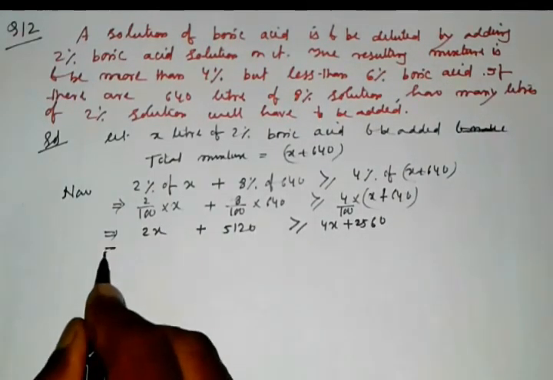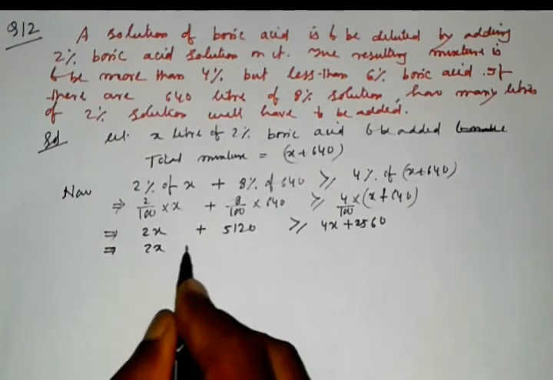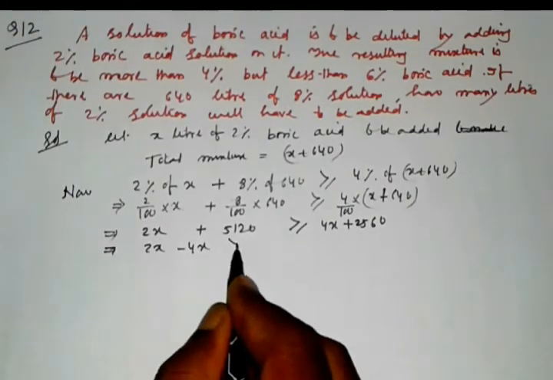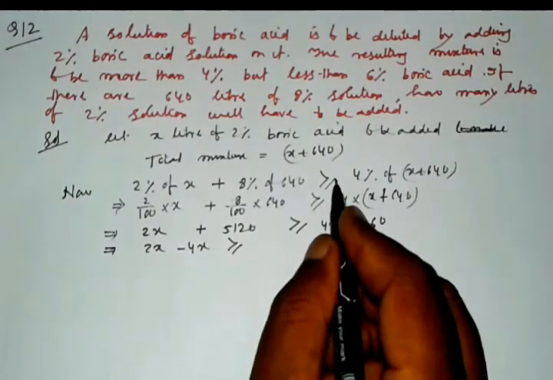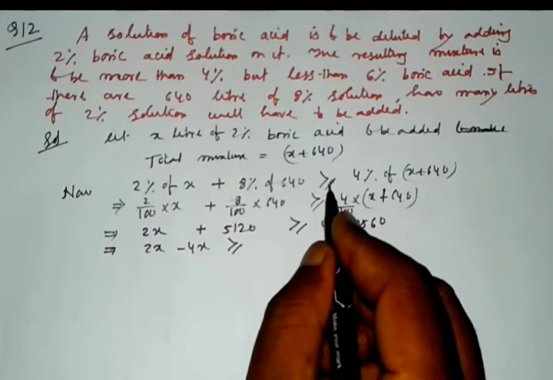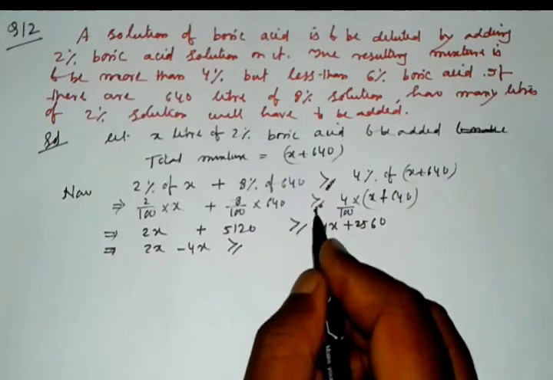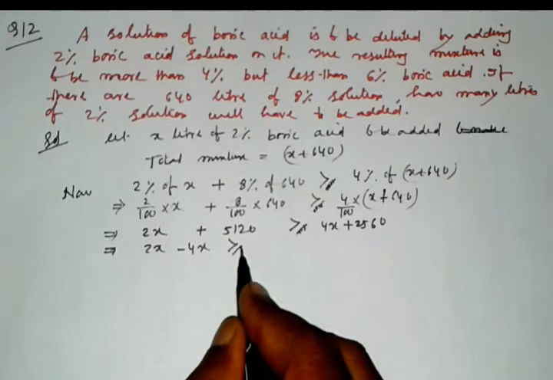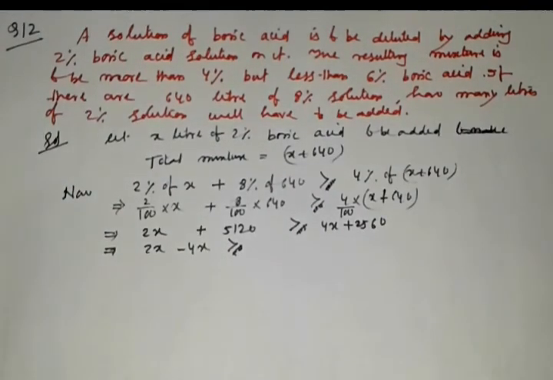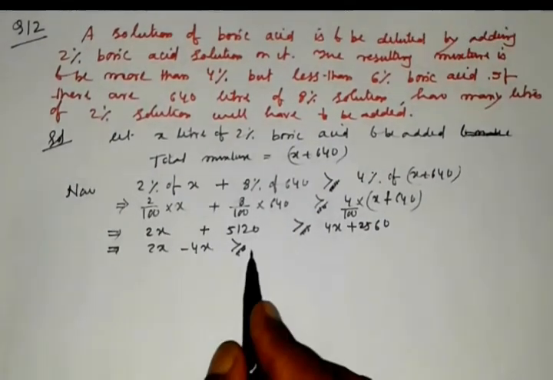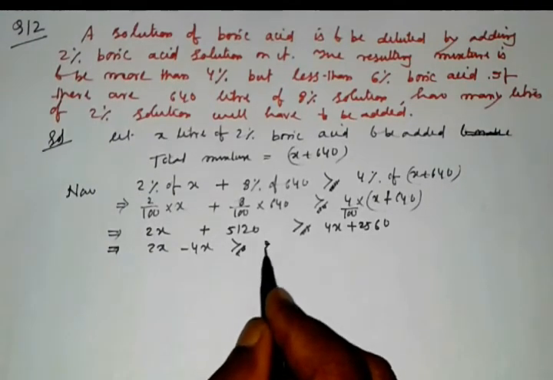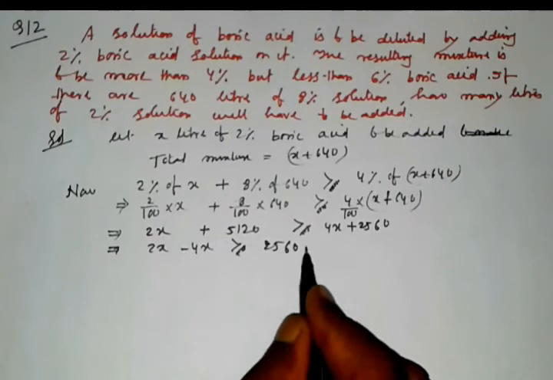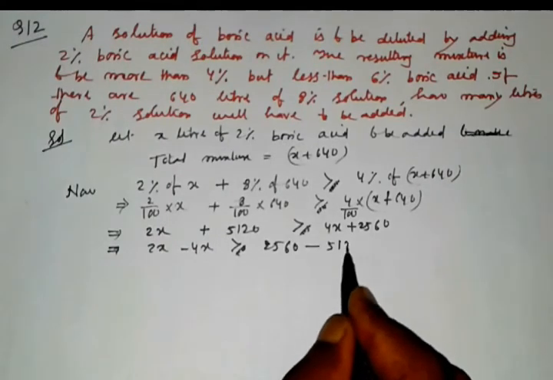2560. This is 2x minus 4x greater than 2560 minus 5120.